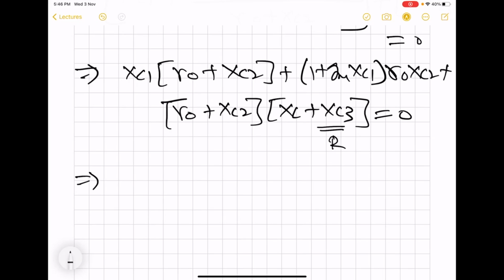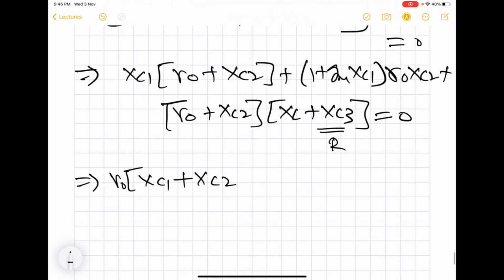Here we have for the imaginary part R0 into XC1, XC2 and XL. In fact, this R0 is multiplied with this whole thing, XC3. So this is going to give rise to the imaginary part.